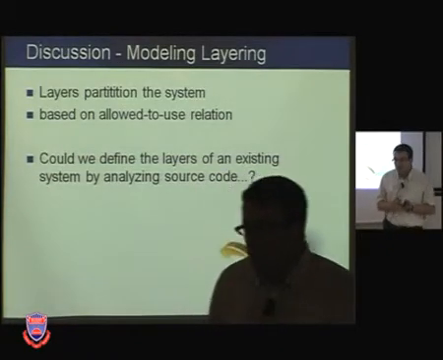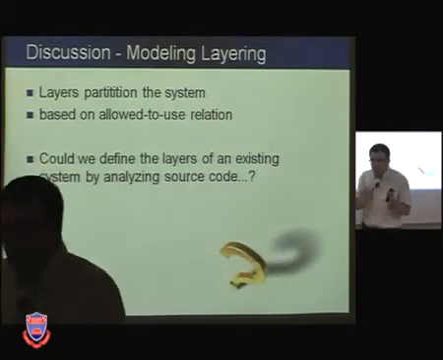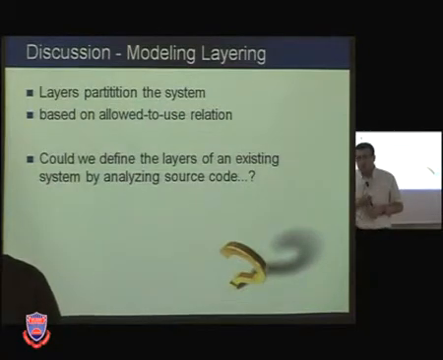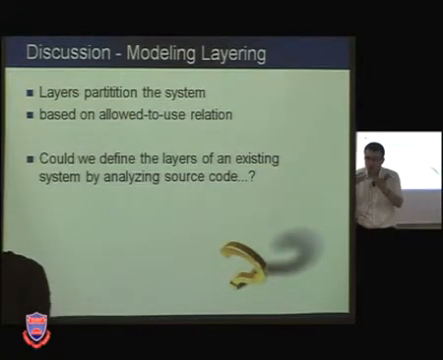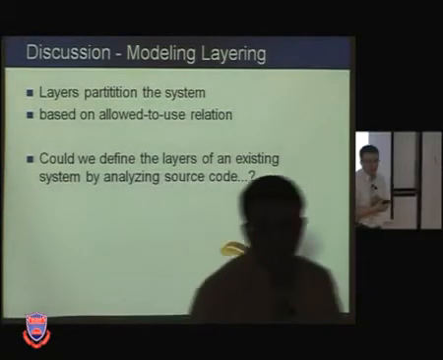If you would just structure your system based on the use relation, you would not actually have the right layers. If you are lucky, the use relation will reflect the allowed to use. But allowed to use means more than just the actual case.